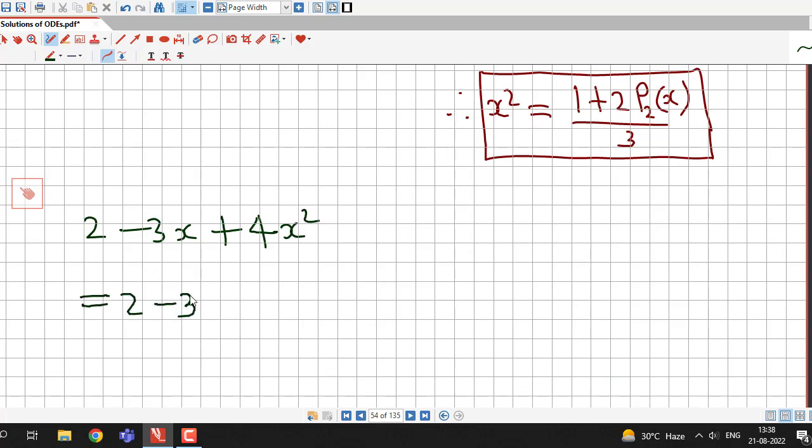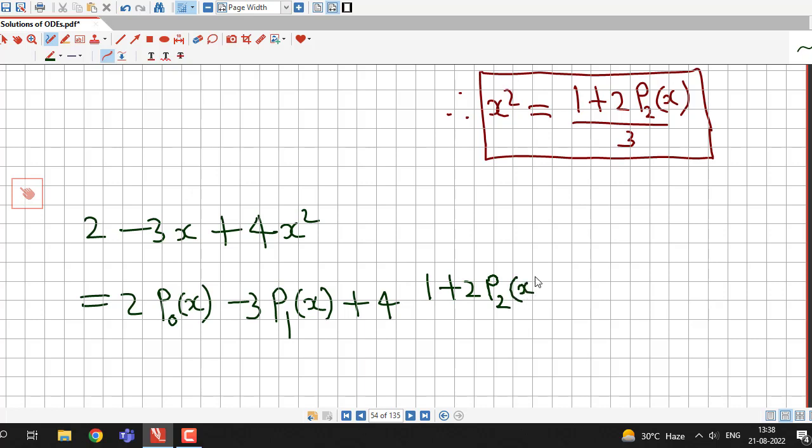This I can write as 2 into 1, and 1 is nothing but P0(x), minus 3x is nothing but P1(x), and plus 4 times x square is replaced by 1 plus 2 times P2(x) divided by 3.